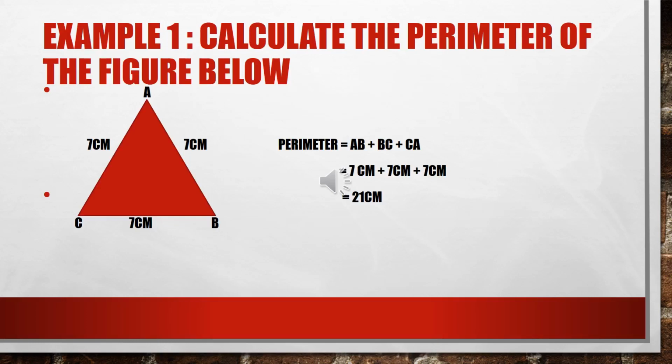And what would you get? If you ever said 21, you are totally correct. Thumbs up for you. Now our answer is what? 21 centimeters. Okay, good. So we have the perimeter of this beautiful equilateral triangle looking at us to be 21 centimeters. Thumbs up, guys, you did well.